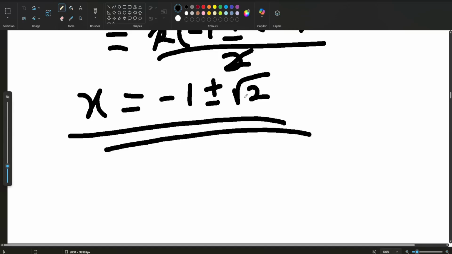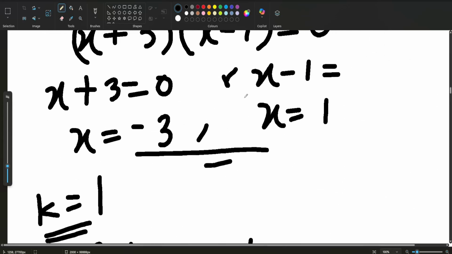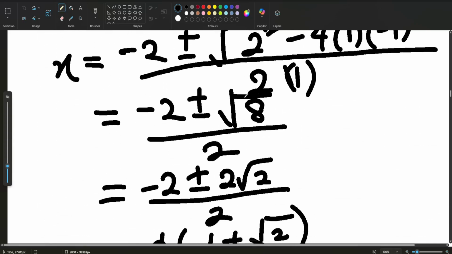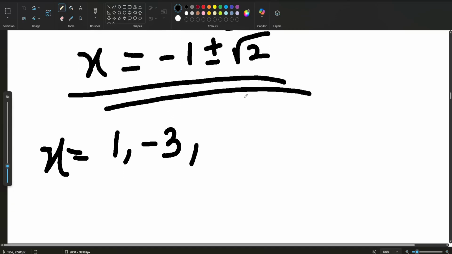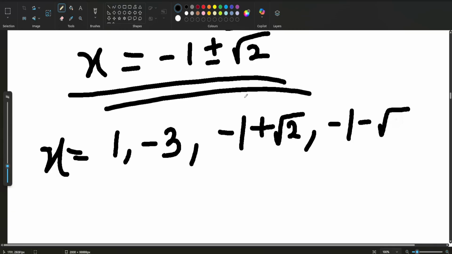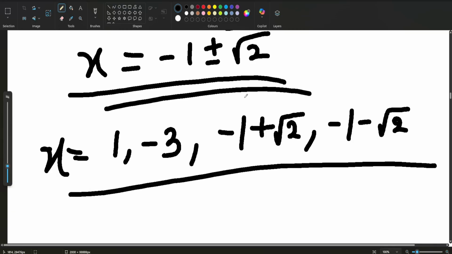So all the 4 values of x: the ones we got in the first situation, which are 1 and minus 3, and then minus 1 plus the square root of 2, and the fourth one is minus 1 minus the square root of 2. So those are the 4 values of x.